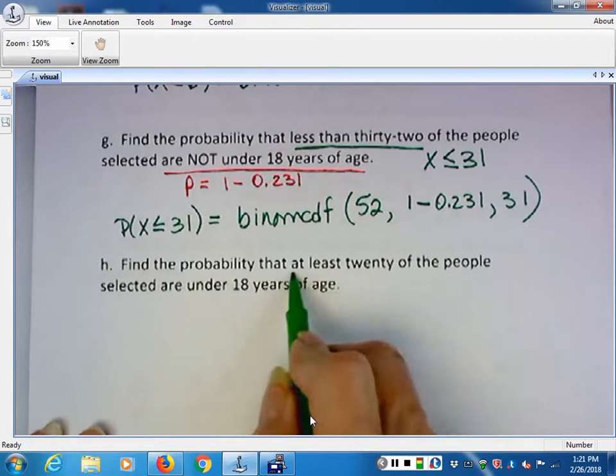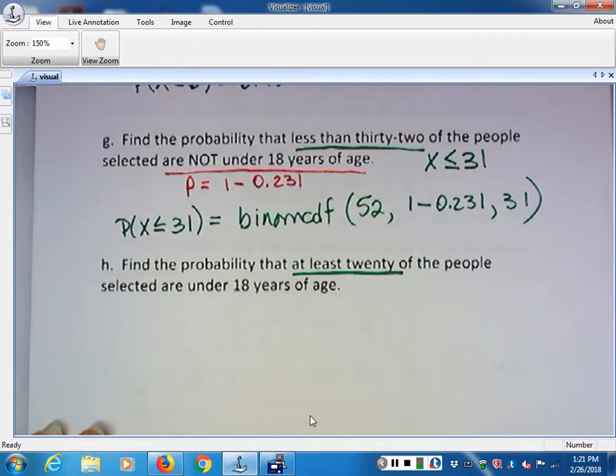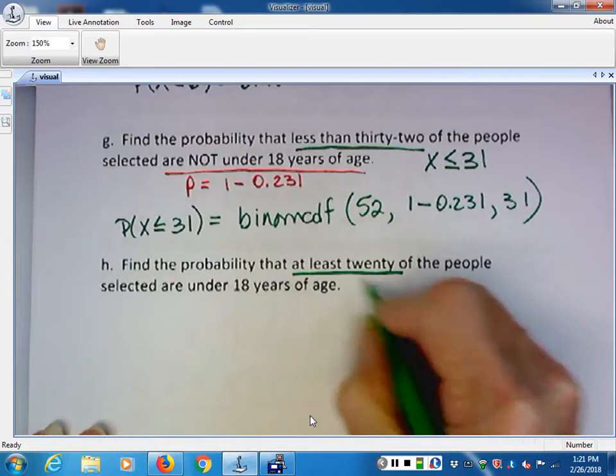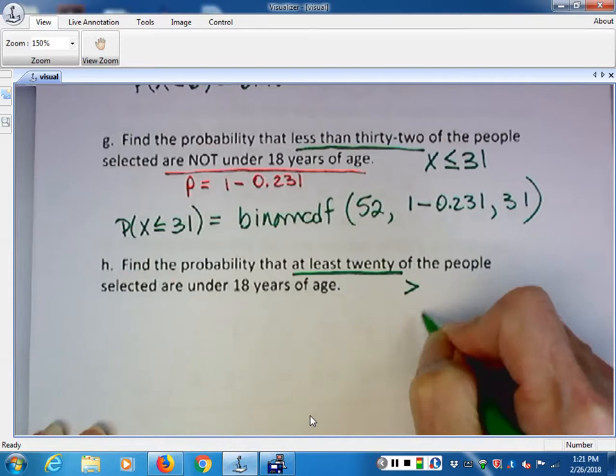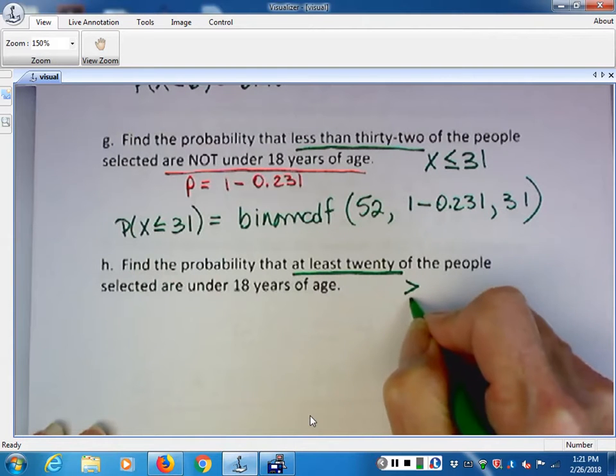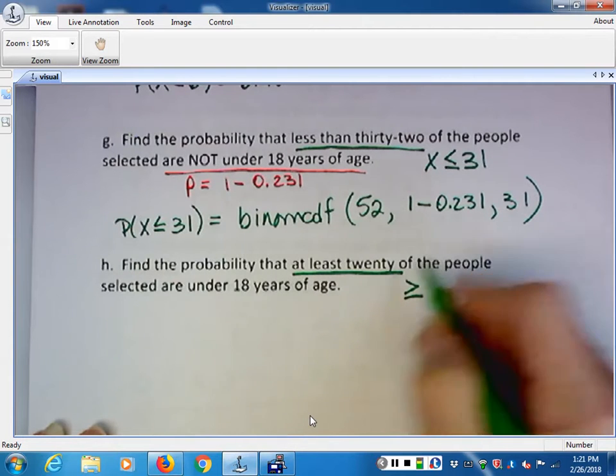And then this one says at least 20. At least means we're going up. And 20 is included.